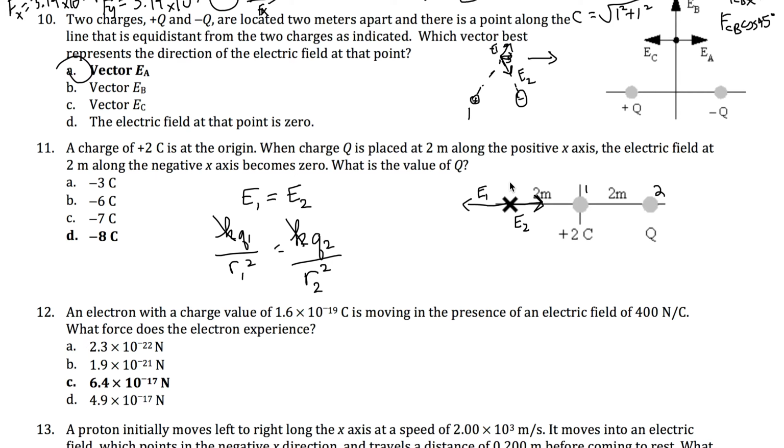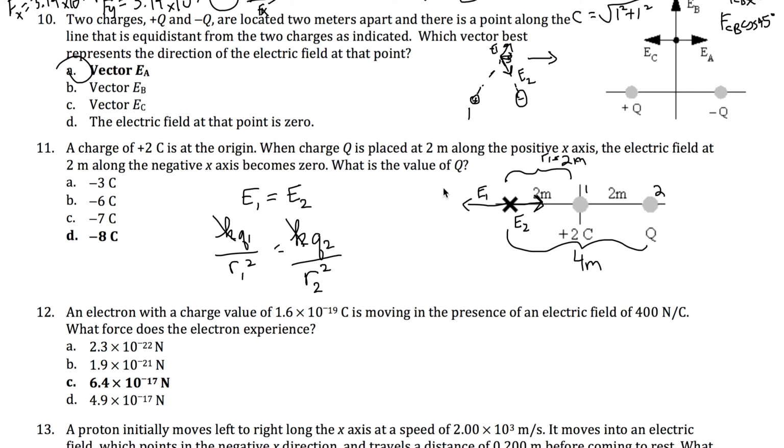From the point to charge 1, that would be R1. That would be the 2 meters here. And from the point to charge 2 is 4 meters. R is always the distance from the charge to that point when you're talking about electric field.